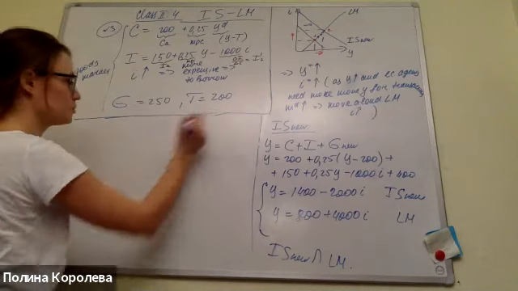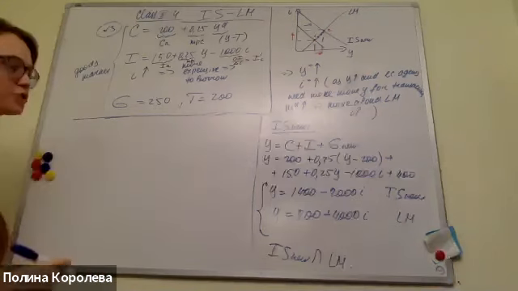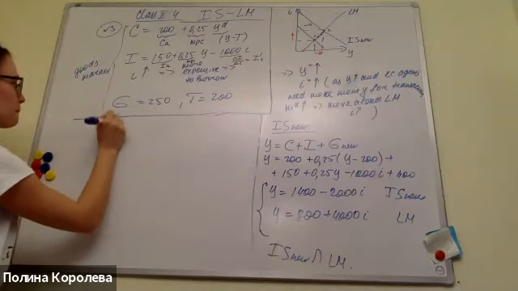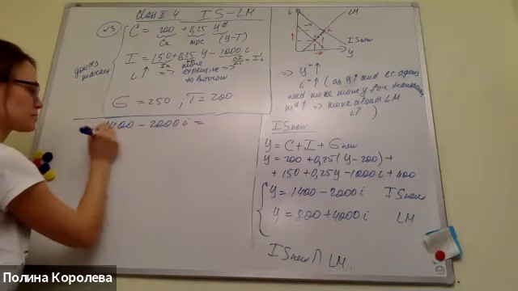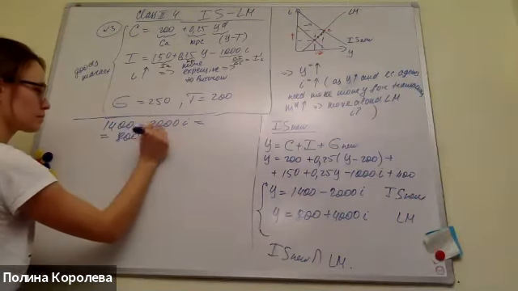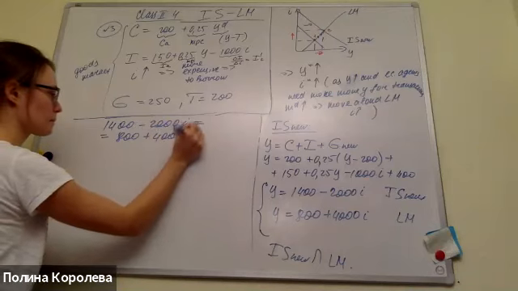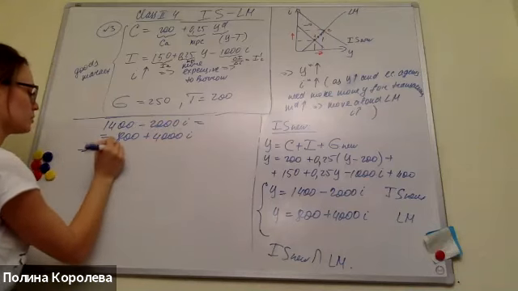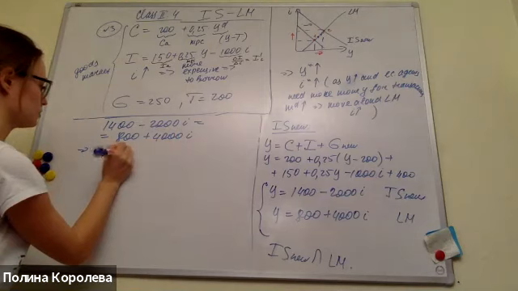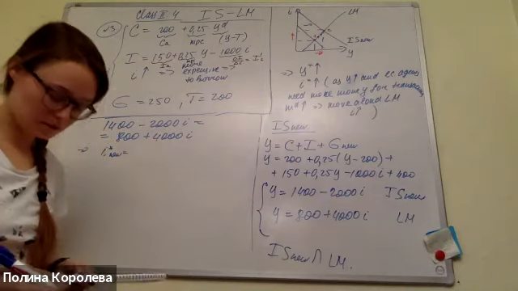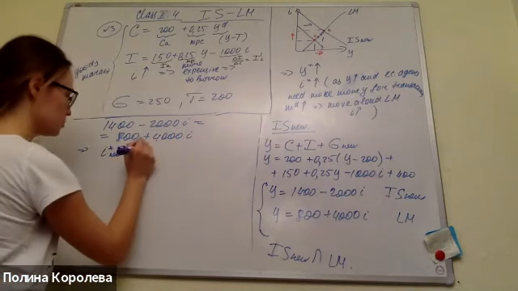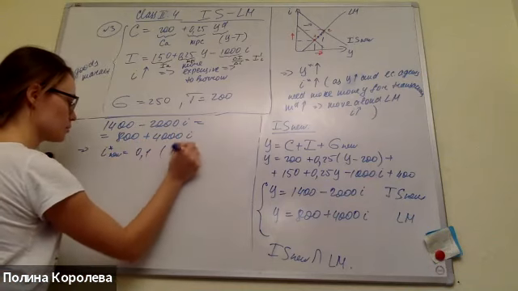So let's solve this system with two equations and two unknowns. Here, the equilibrium interest rate will be higher than before. So it will be 0.1 or 10%.